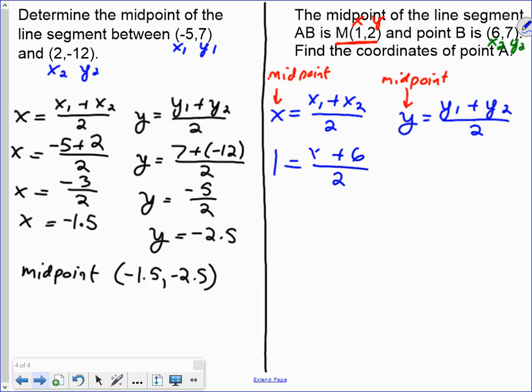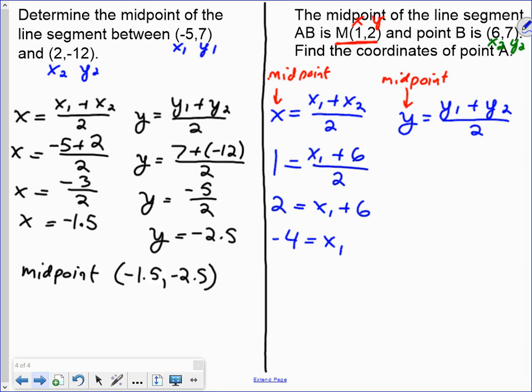So I'm just going to leave that as an unknown, x1. And now I've got a little equation here that I can solve for x1. I'm going to multiply both sides by 2. And then I'm going to subtract 6 from both sides. 2 minus 6 is negative 4. So x1 is negative 4.